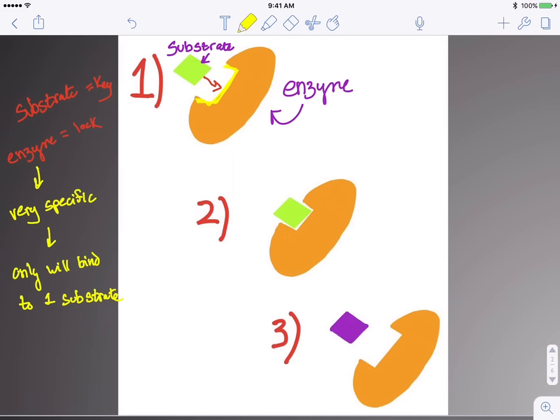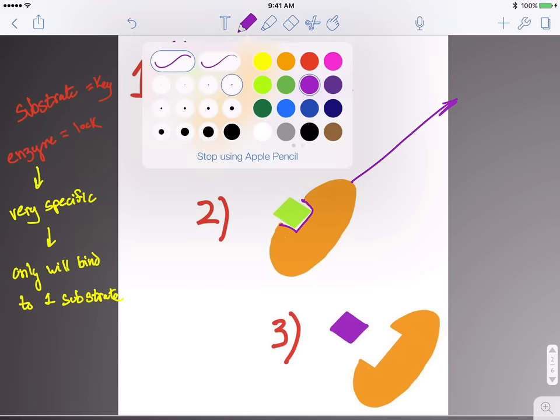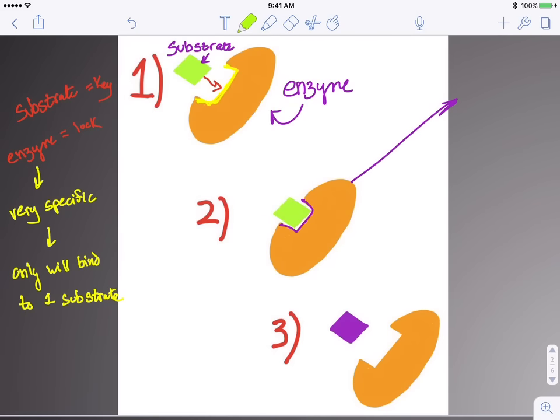So our second step is that we actually have that substrate which has bound to the active site of the enzyme. And as you guys can recall, this is actually known as the enzyme substrate complex. Okay, and it's here where chemical reactions occur.